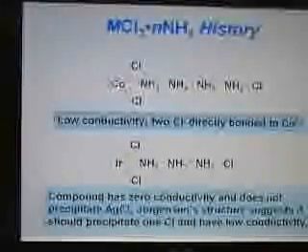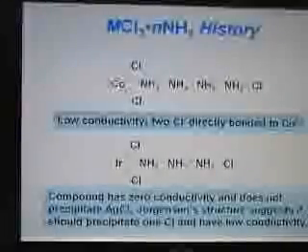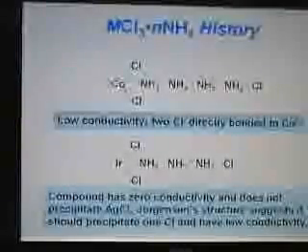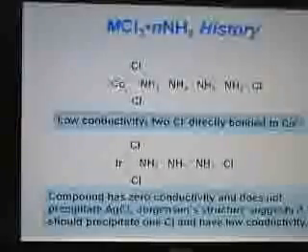This one should dissociate, giving a low conductivity and having 2 Cl- directly bonded to Ir. However, this compound has 0 conductivity and does not precipitate any AgCl. Jorgensen's structure suggests it should precipitate 1 Cl- or 1 AgCl and should have a very low conductivity.